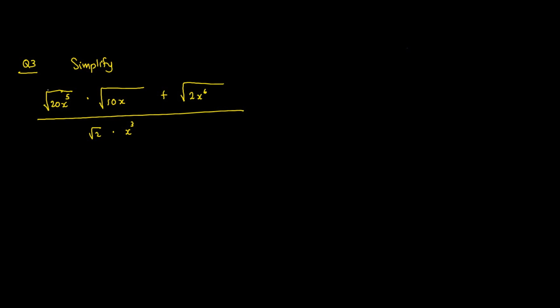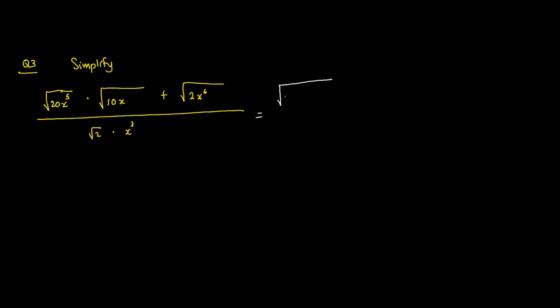It's a binomial, right? And if I look at the first term of that binomial, I can apply one of the laws of surds, which states that the nth root of a times the nth root of b is equal to the nth root of a times b. If you're not too sure, go back to the first few minutes of this video and I recapped that law. So we have the square root of 20x raised to the power 5 times 10x.